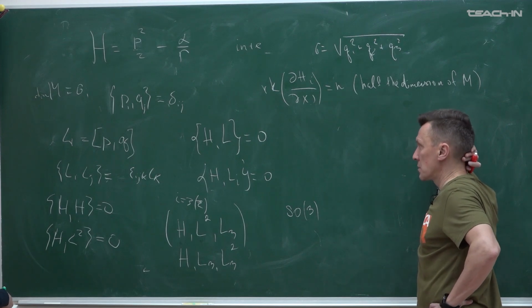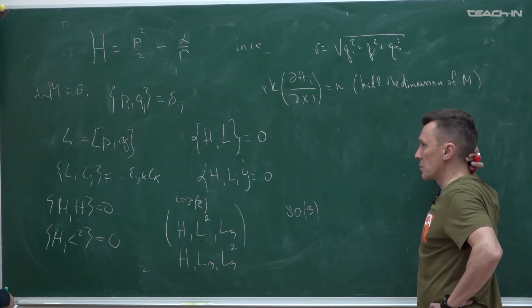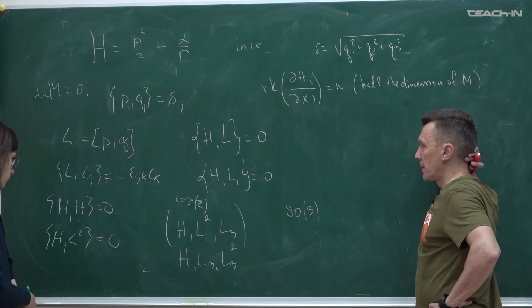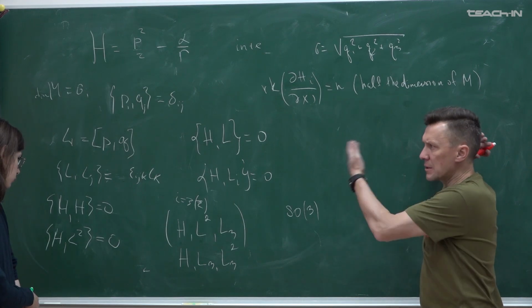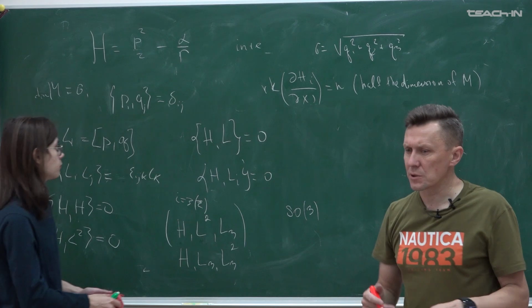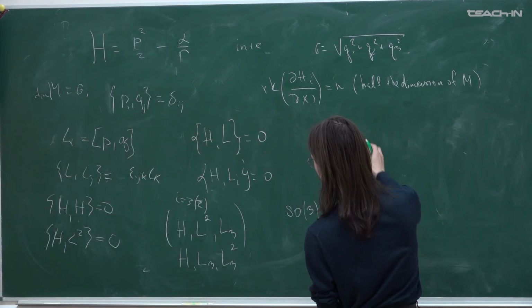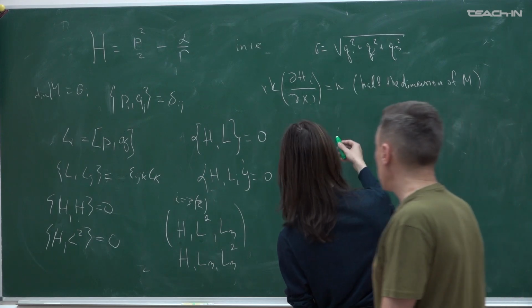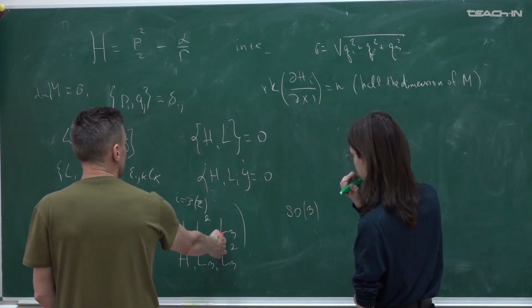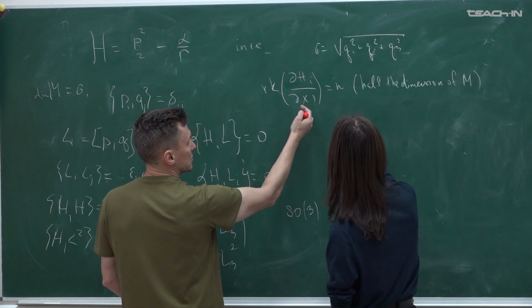I think it's better to write it down. Let's try to write, because it's also an important exercise. So what should I write? The derivatives of these functions in terms of coordinates on our space.